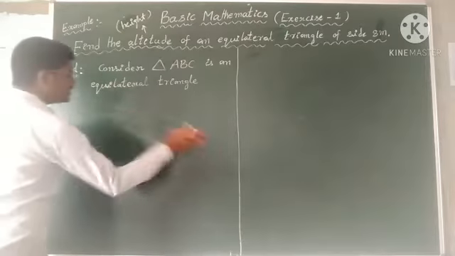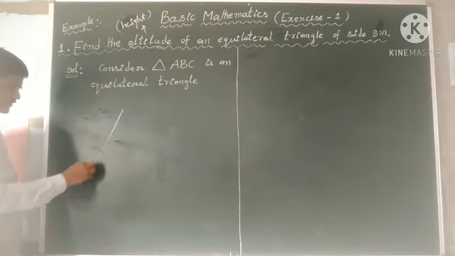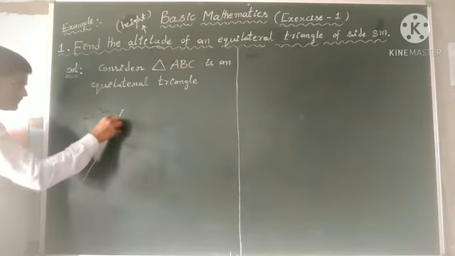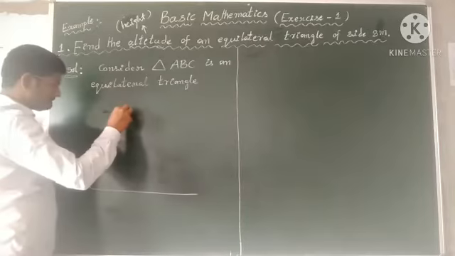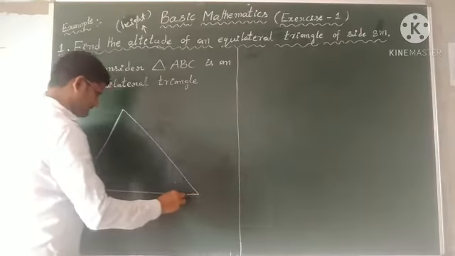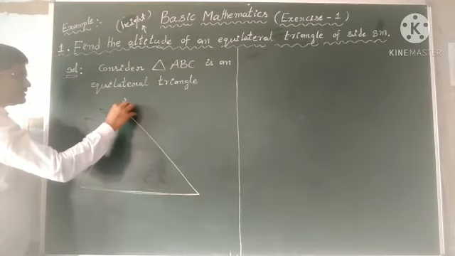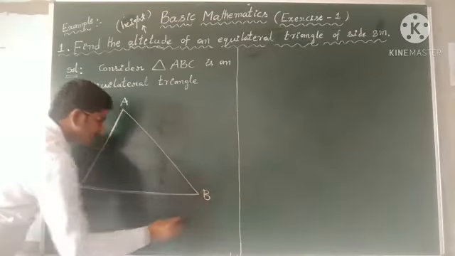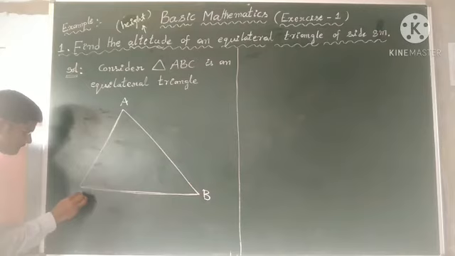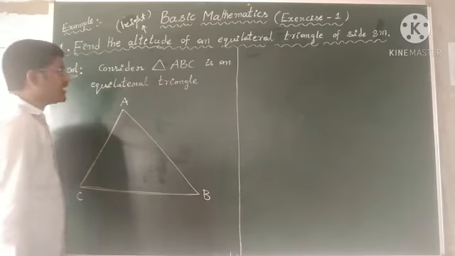So I am drawing that equilateral triangle ABC here, students, and I am giving the names A, B and C. This ABC is an equilateral triangle.